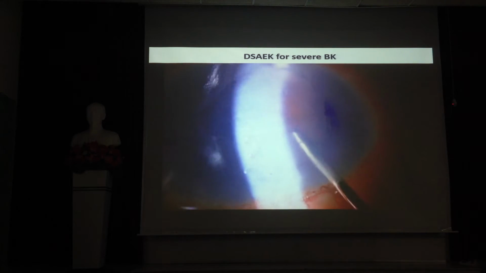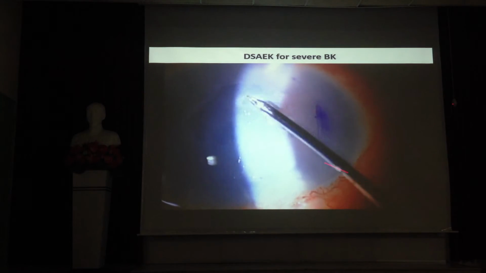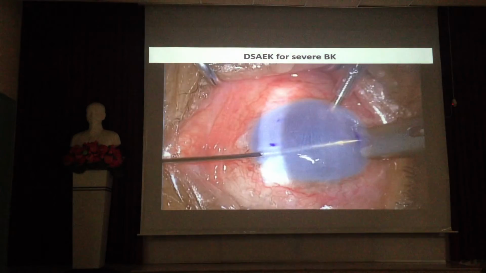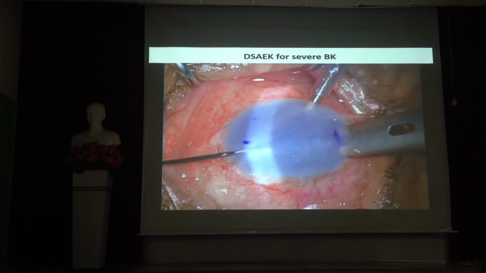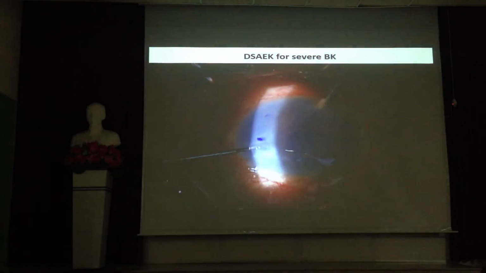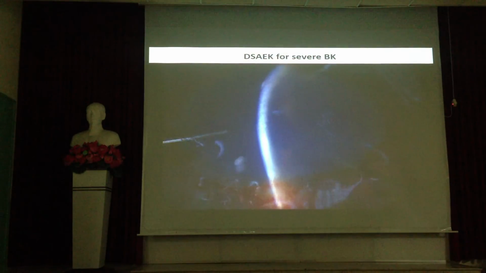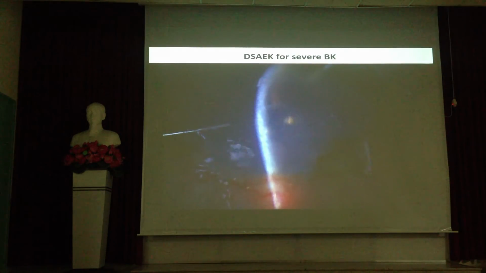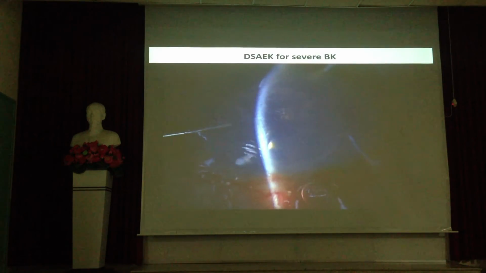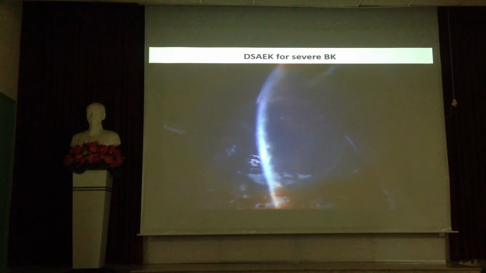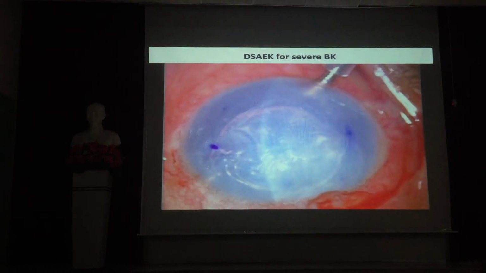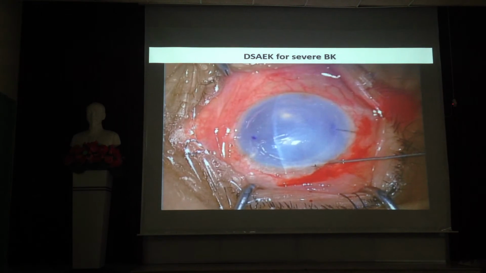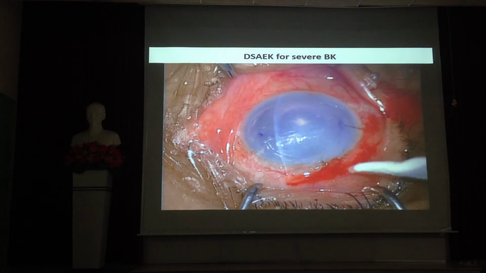Maybe you don't have to remove the Descemet membrane, but in severe cases, to make a tight adhesion, we intend to remove the Descemet membrane for most of the cases. And before the irrigation of air, we try not to release the left hand, and then inject air and also the solution or saline.